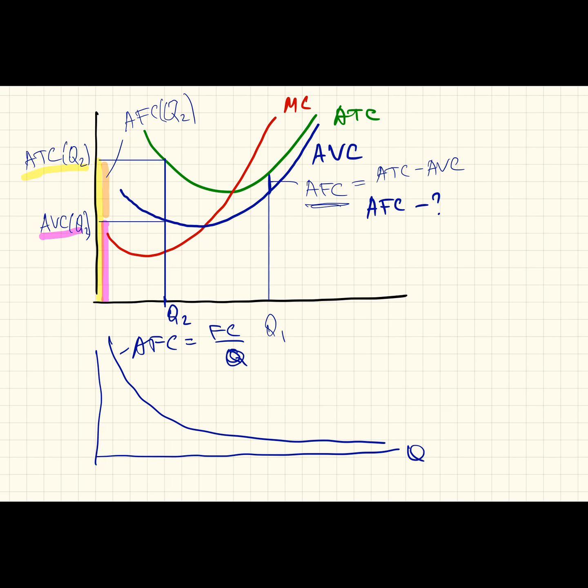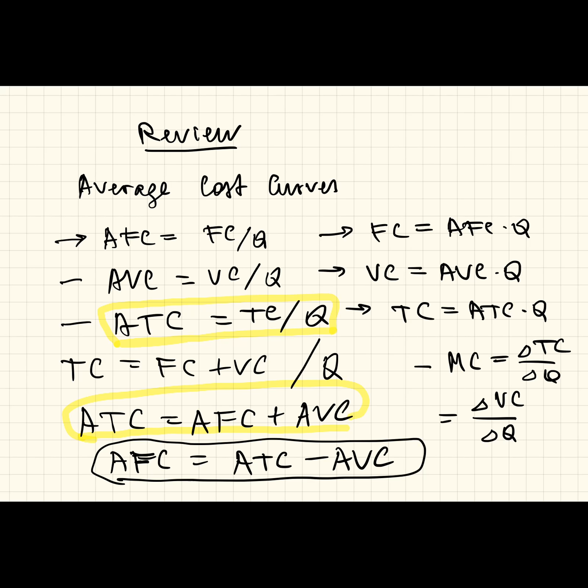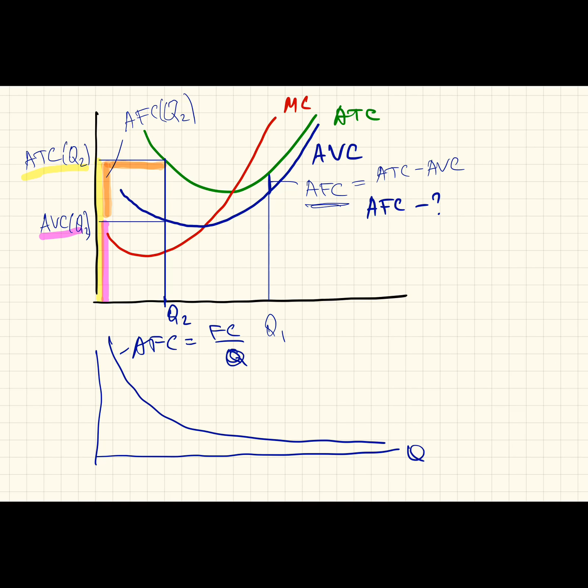Another thing you can see on these diagrams is totals. So we already picked this for AFC. AFC times Q, as we just saw here, right? AFC times Q will tell you what your FC is.